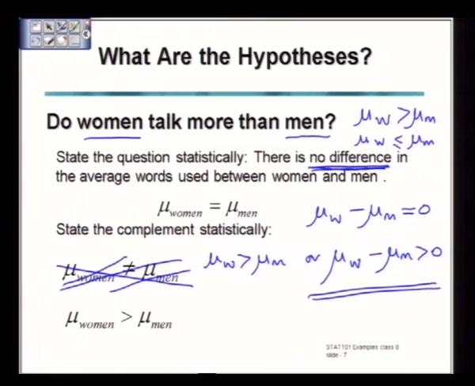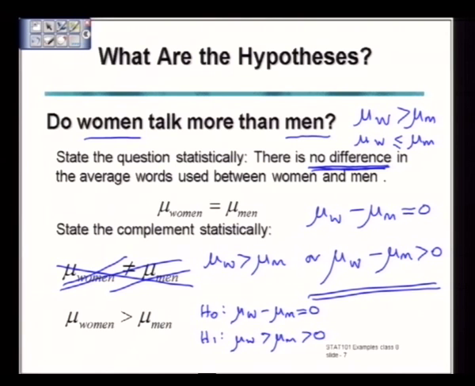And of course, our null and alternate hypotheses there: mean for women minus mean for men is equal to 0 for the null hypothesis, and mean for women minus mean for men is bigger than 0 for the alternate hypothesis.